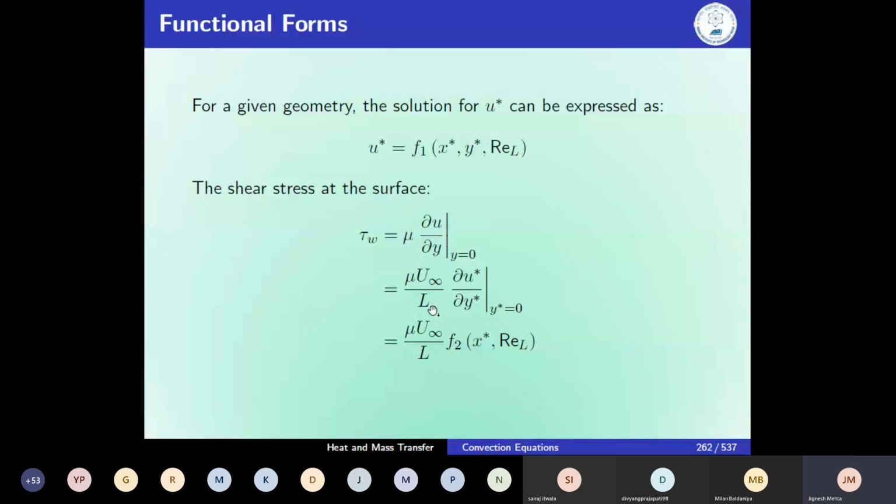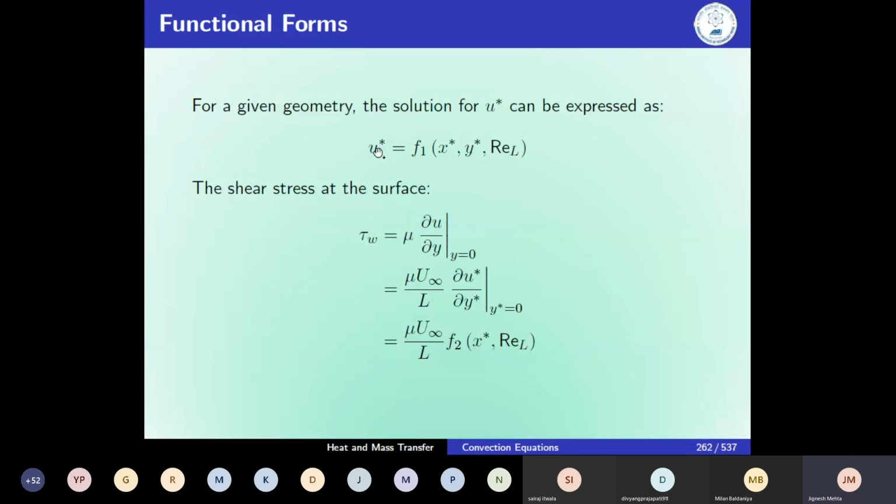Similarly, you divide it with L and multiply it with L. So one L has gone here, making it du star by dy star, and this extra L is here, right? And y equal to 0 means y star is equal to 0, because y star is nothing but y upon L. So if your y is equal to 0, y star is also going to be equal to 0.